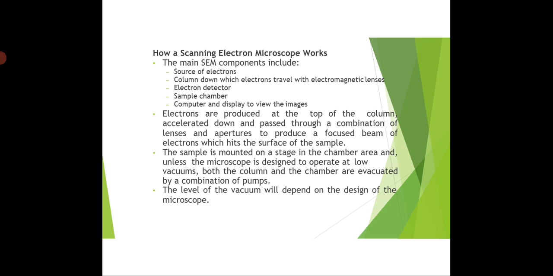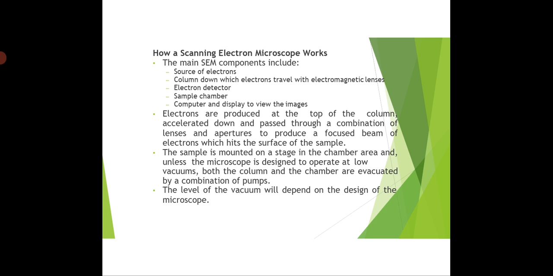How scanning electron microscope works: electrons are produced at the top of the column by electron gun, accelerated down through the column, and pass through a combination of lenses and apertures to produce a focused beam of electron which hits the surface of the sample.